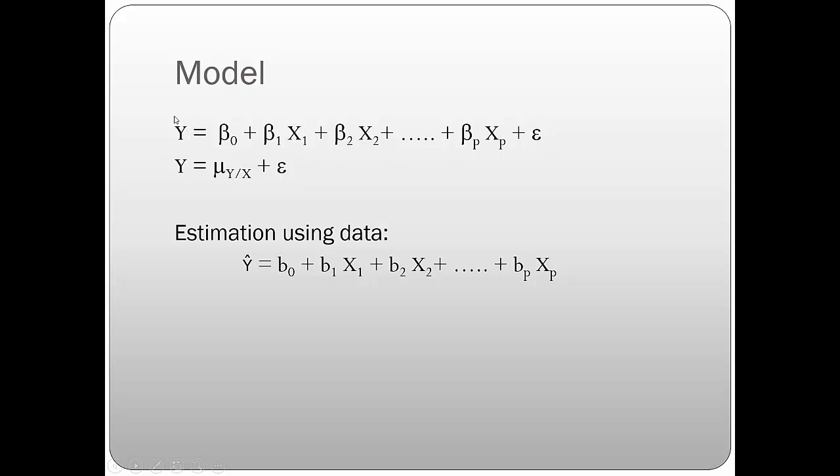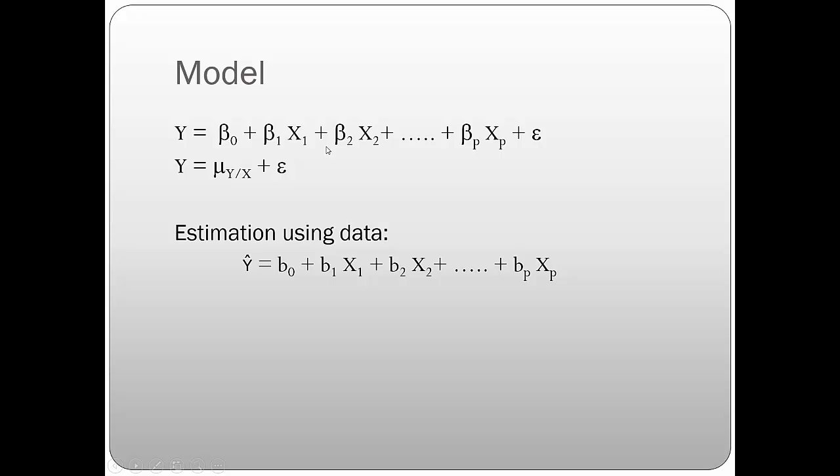So each value of y, then we are assuming, is determined by a constant. When you plug in the x values, you get a constant value here for that combination of x's, and then there is a random error, and that sum will give you y. So this part is the mean of y given a set of x variables.